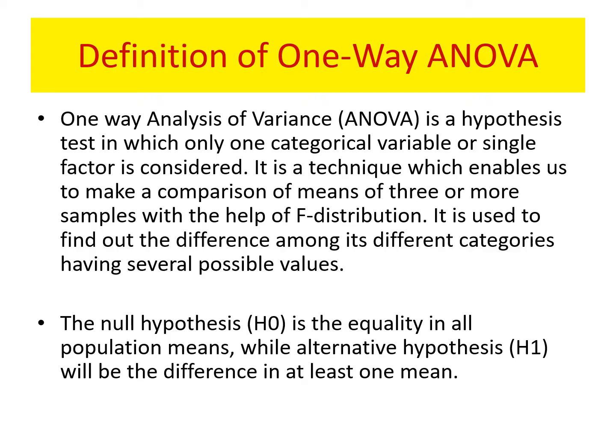Post hoc analysis is applied because in the analysis of variance, whether it's one way or two way, when you say there are significant differences, your null hypothesis is proven false.